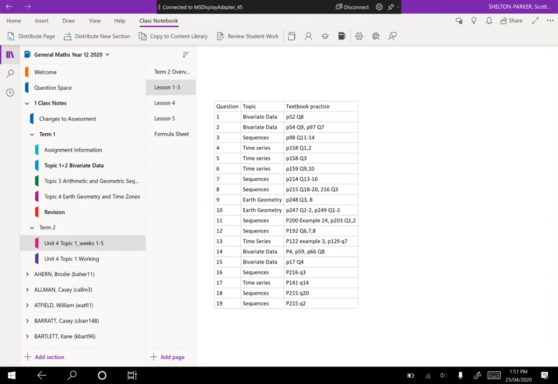So what we're going to get you guys to do for this session today is have a go at those questions. I know for me, the areas I'm strongest with are earth geometry and sequences and series. Sorry, just sequences for you guys. So those are my 2 ones. So if this was me doing the revision, I'd focus on the time series. There's some stuff with seasonal indexes I need to go over, like, how does that work again?